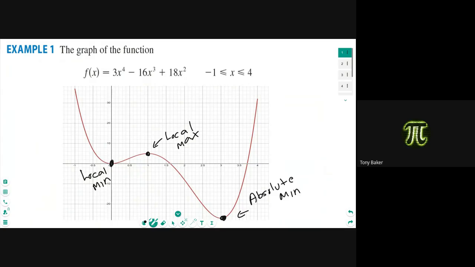Okay. So derivatives tell me slope, right? That's the key. That tangent line is going to be 0 at that point, right? The slope of that tangent line at those points would be 0.